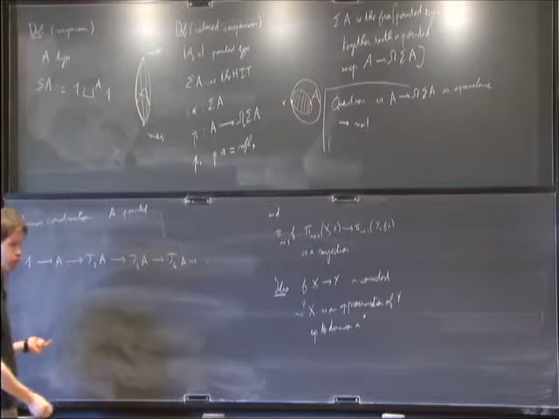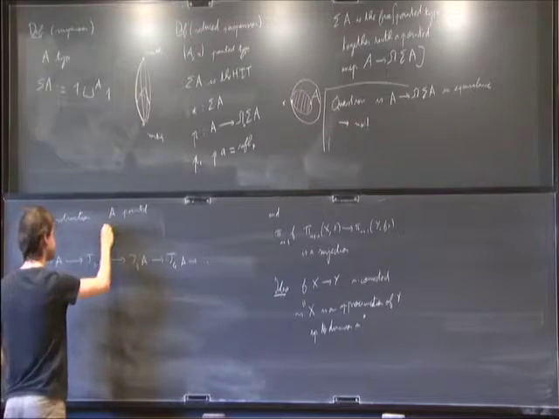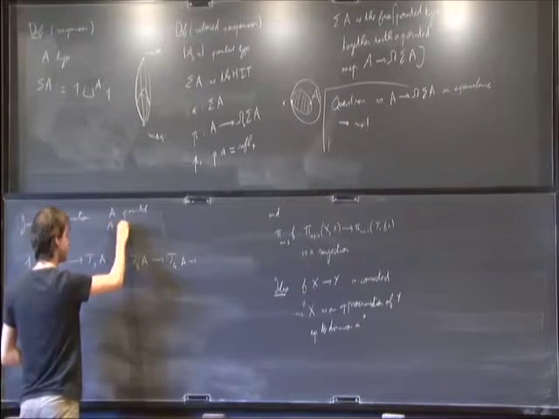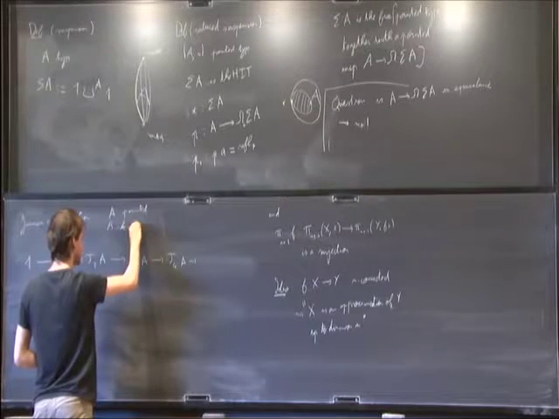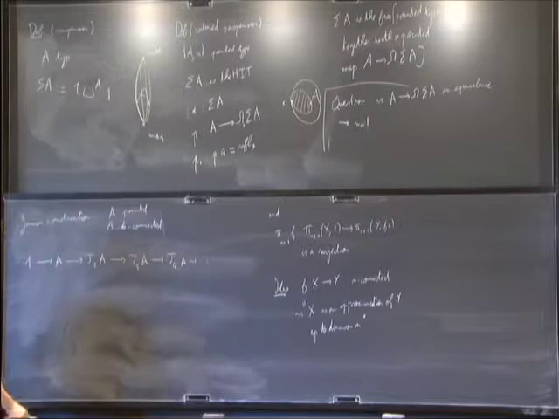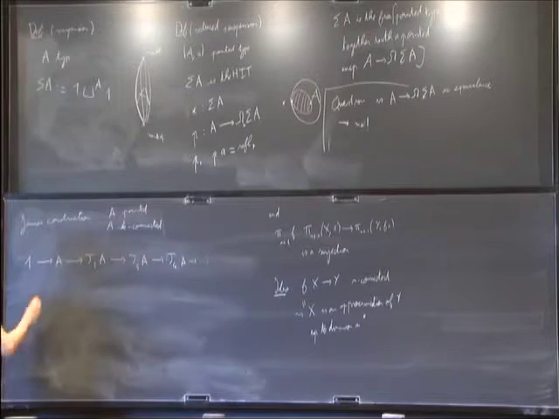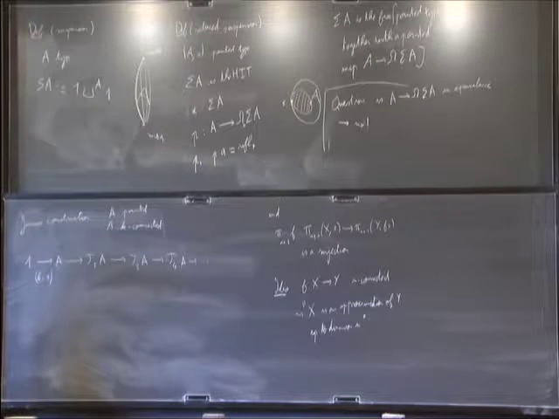And we'll know two things. First, we'll know the connectedness of all the maps. So assume A is k connected, then the map from 1 to A is k minus 1 connected.